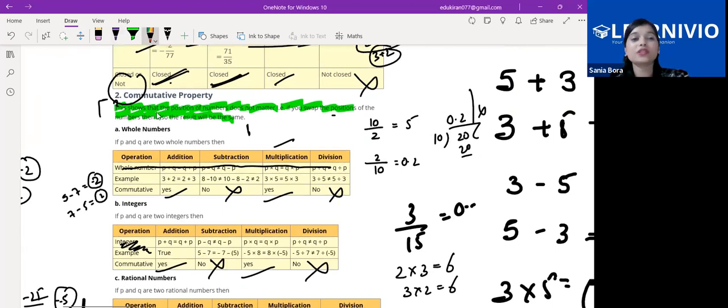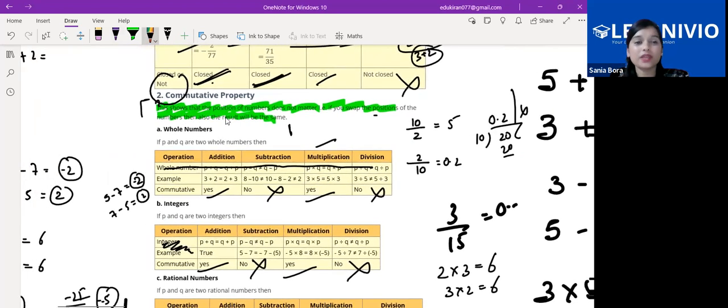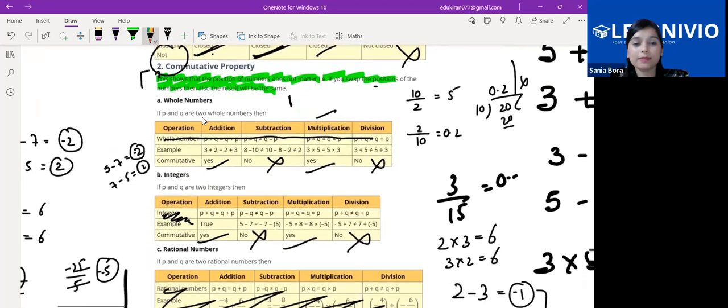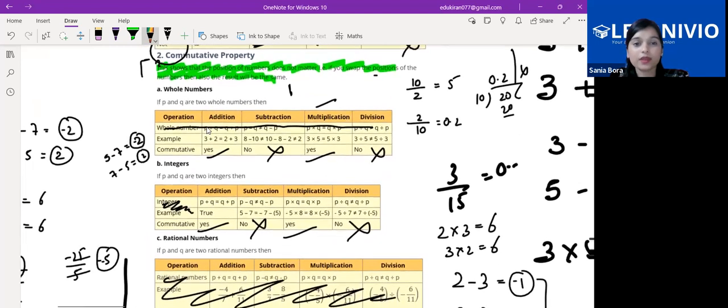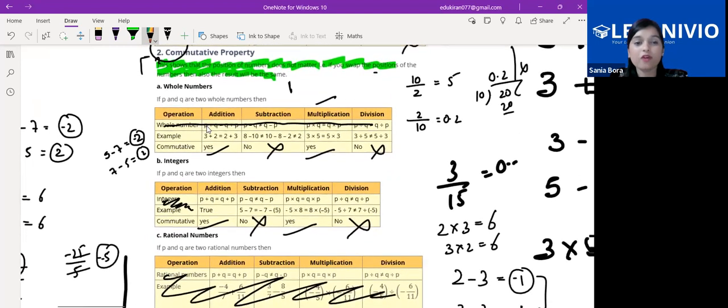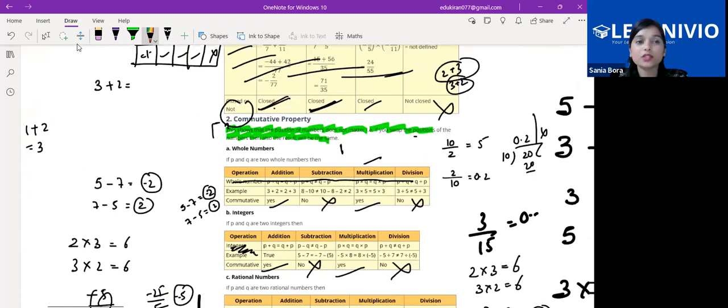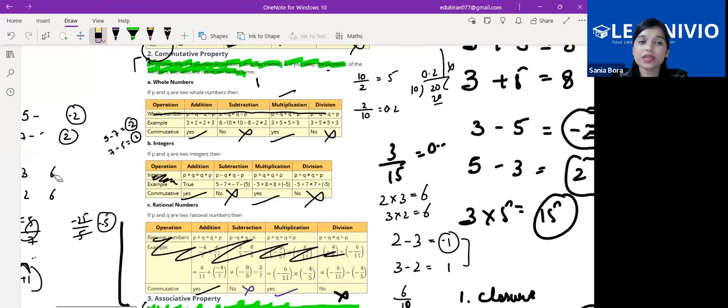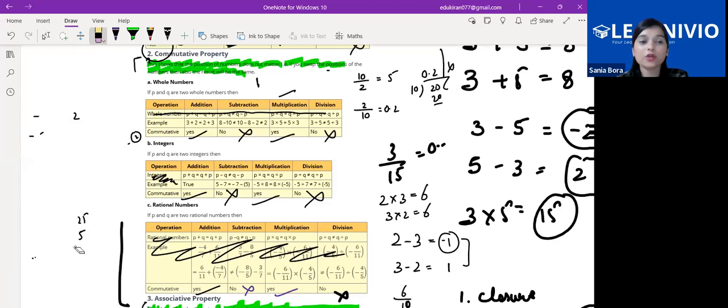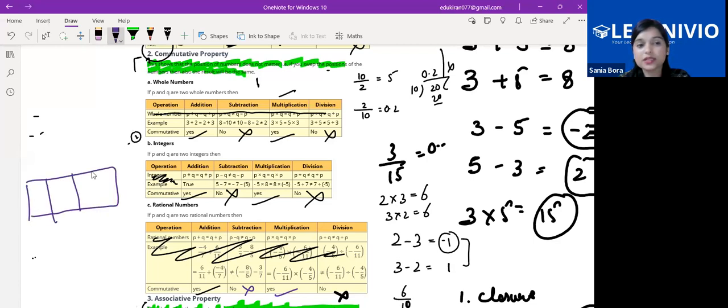Now students, let's start. Write the commutative property and then make a table. I've already told you how to make the table, but I'm repeating it because Aisha is new. First you write the property, then you make a table like this.